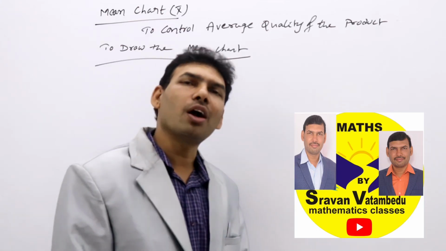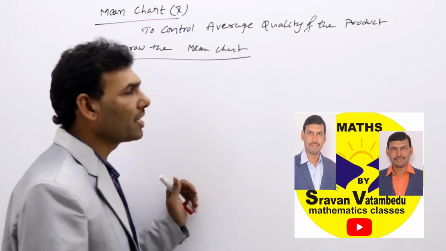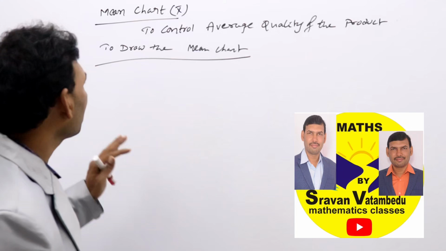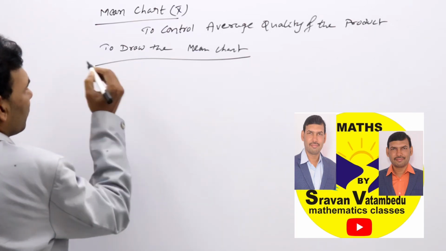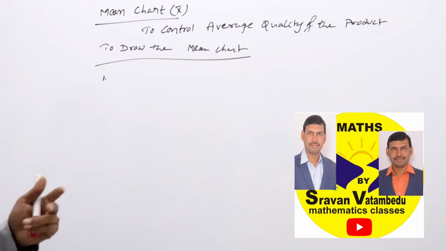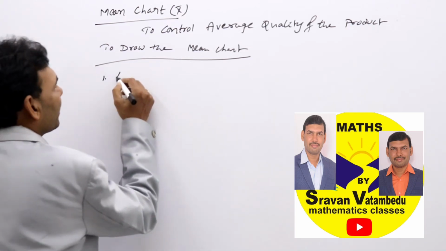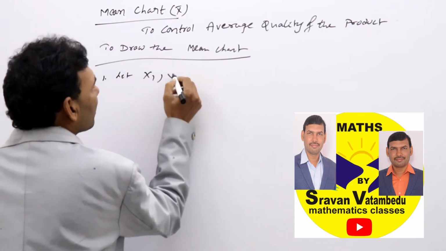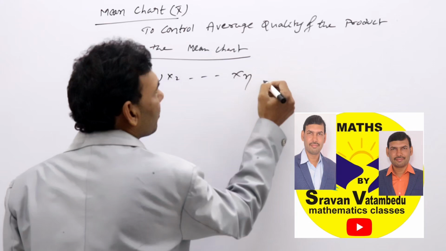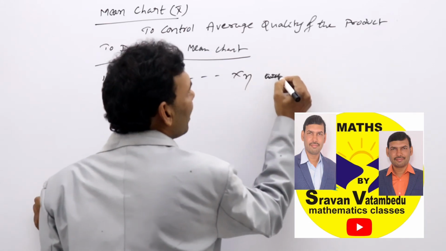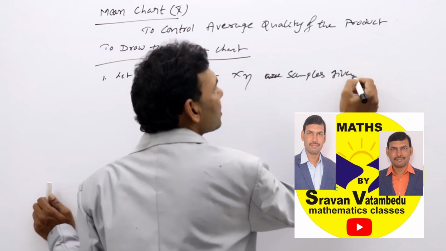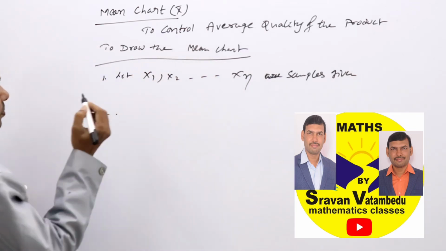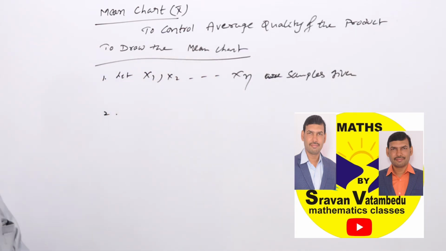If you know these, you can draw any chart. To draw the mean chart, first note down the given samples. Let x1, x2, and so on up to xn be the samples given. So n samples are given.